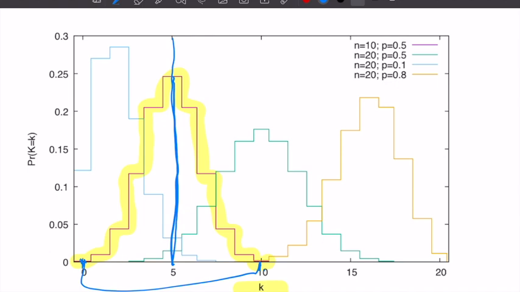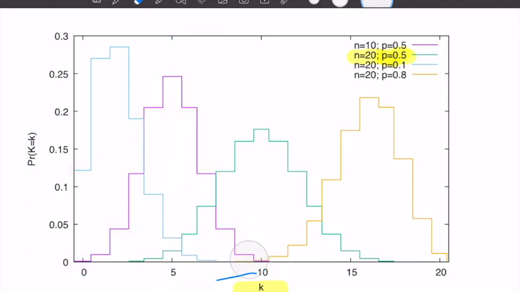Okay, now let's increase the number of flips to 20 and keep the probability at 0.5. Then we have this green line like this.